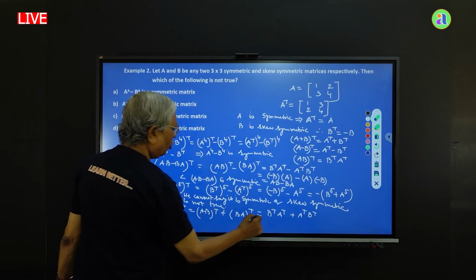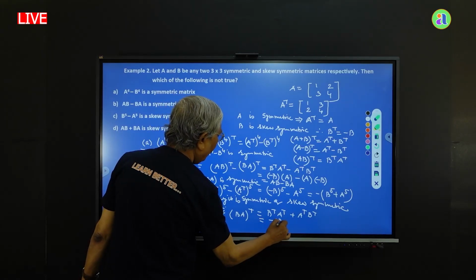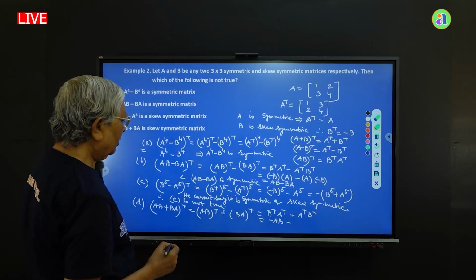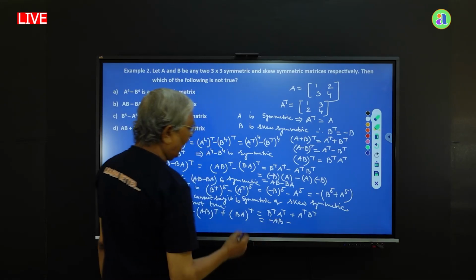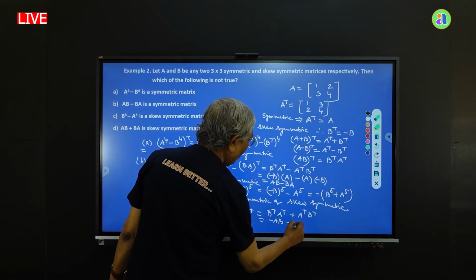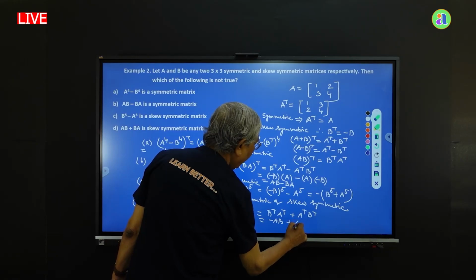B transpose equals minus B and A transpose equals A, so this is minus BA minus AB.